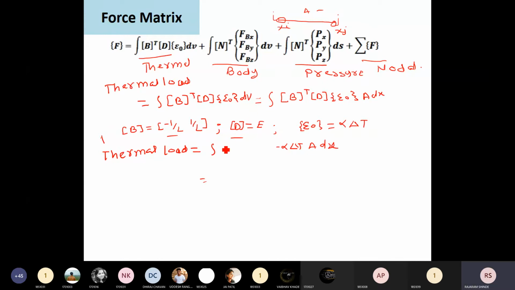Rishikesh Dore, you should concentrate on this. What I am doing, am I right? Yes, sir. So it is minus 1 by L and 1 by L. Next is D, which is E, and okay, I will clean all the things and then I will show you.